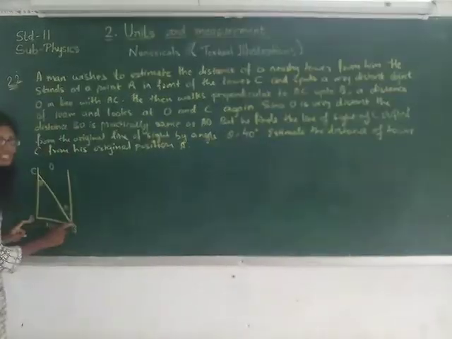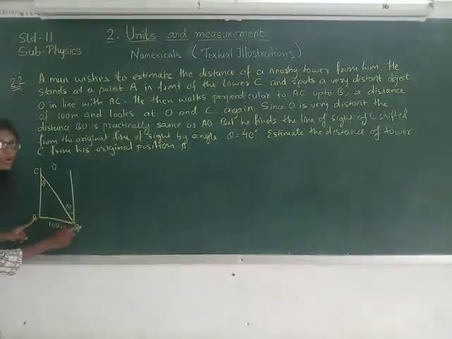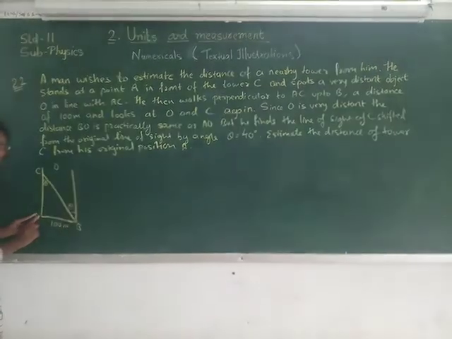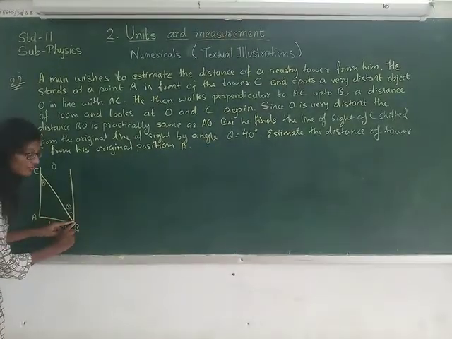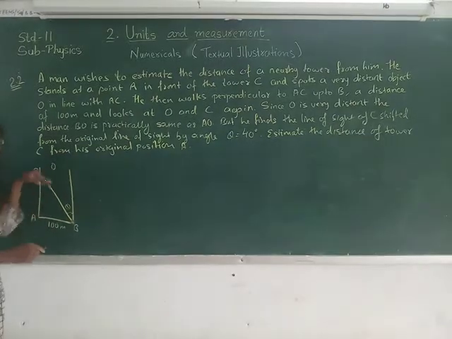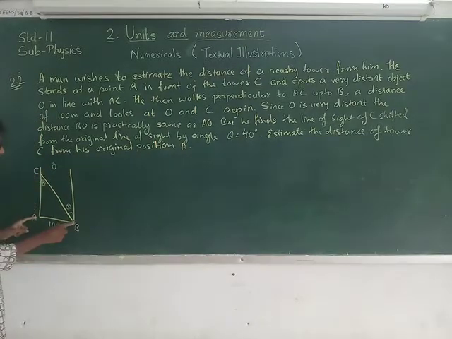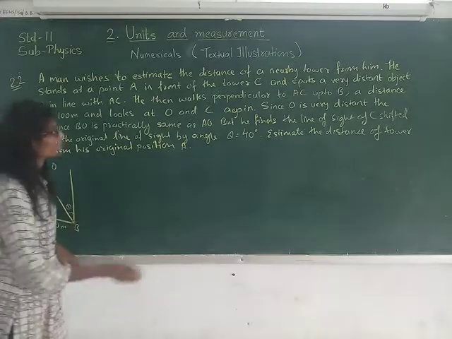So here the same scenario is there. First he is observing from A, then he is observing from B, and this object is very far away, right? So these AO and BO distance will be same.